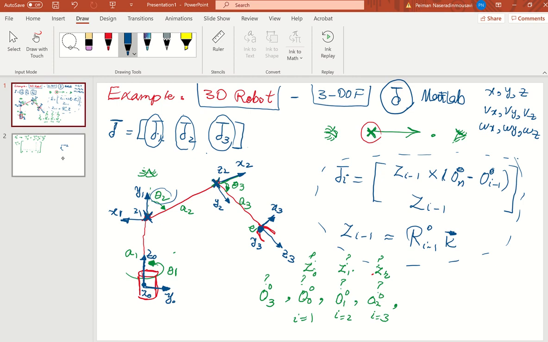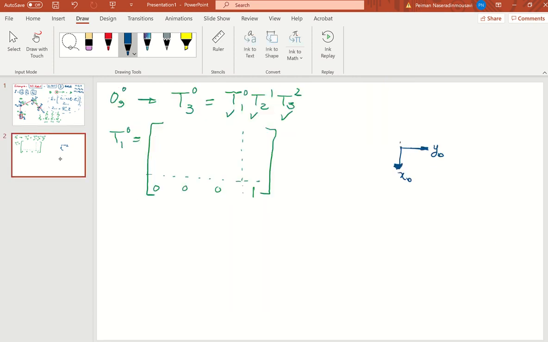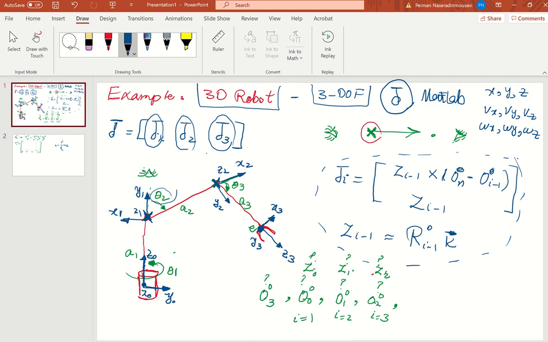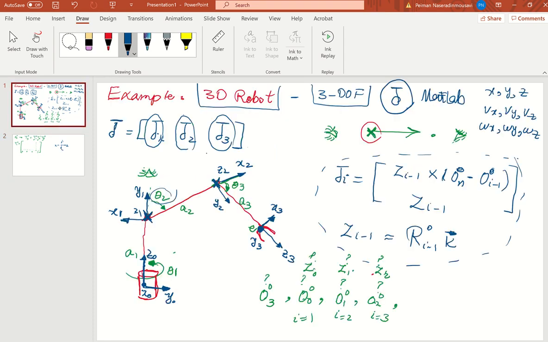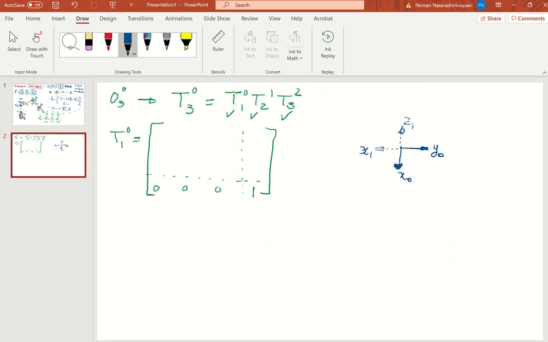So looking from the top, this is going to be your z1. I'm putting a dot because I have some intention, and this is your x1. We're looking from the top, guys. X naught is out of the page, z1 is inside the page. Y naught is this way, x1 is this way, the opposite direction.